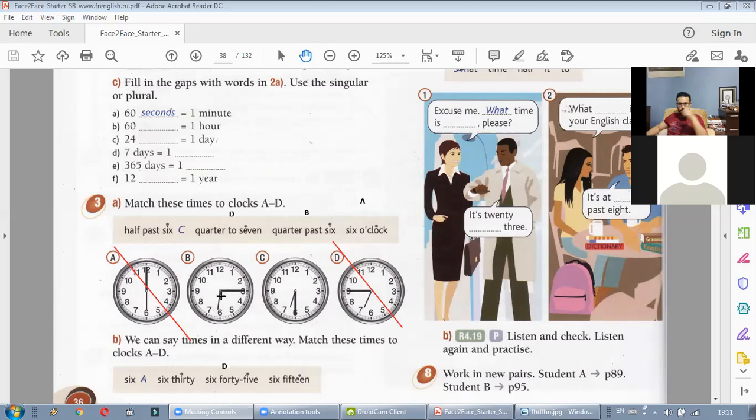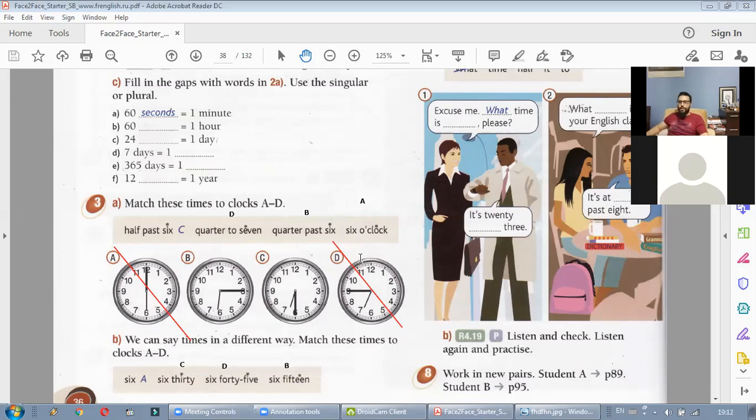B. That's it. Very good. That's correct. So this means the hour is 6 and the minutes are 15, right? So it's correct. B. And 6:30 means the hour is 6 and the minutes are 30, right? So 6:30 is, of course, C.